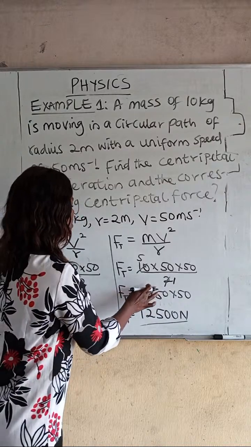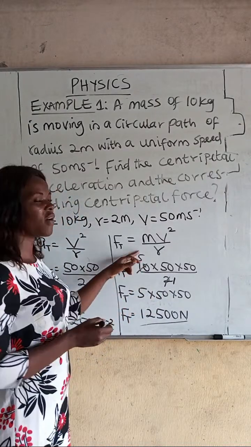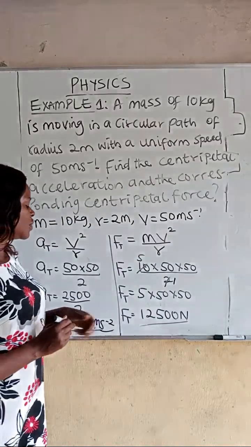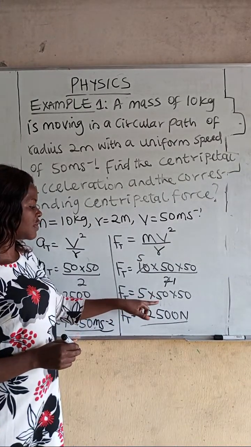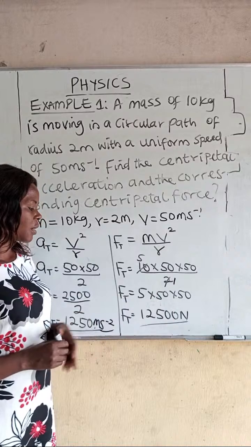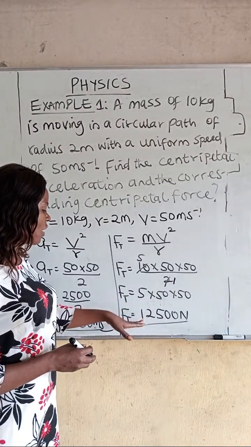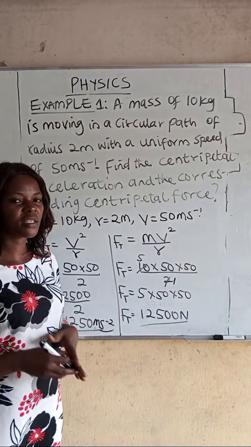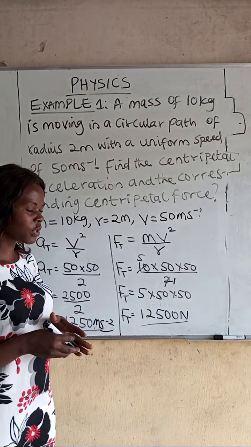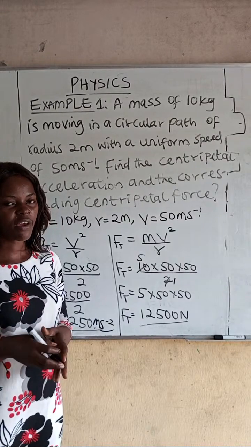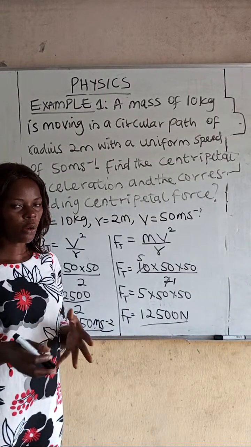If 2 should divide 10, it's going to give us 5. So what do we have? We say this is 5 times 50 times 50, right? By the time we multiply it with our calculator, we are going to have 12,500 Newtons. I hope you are clear.